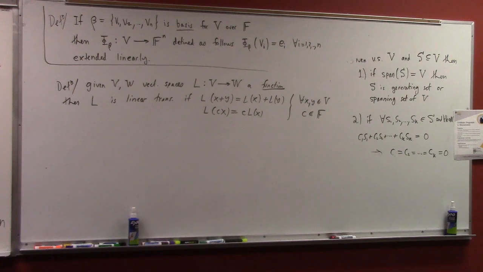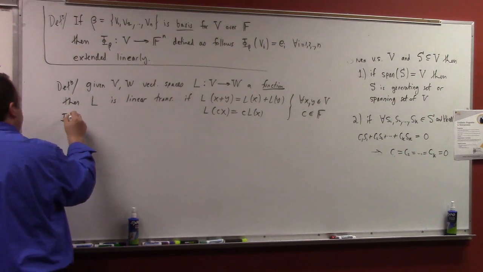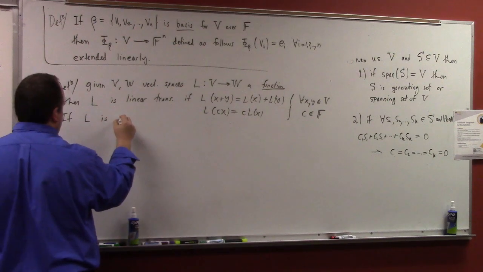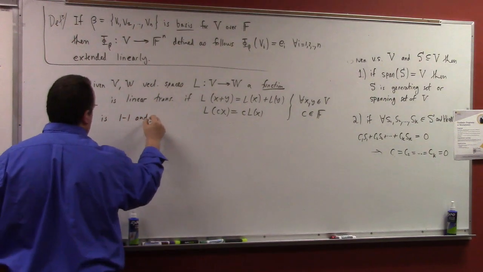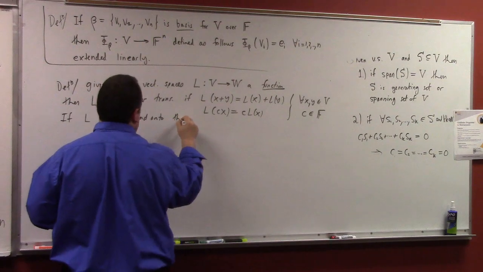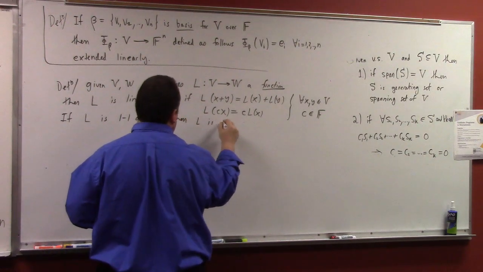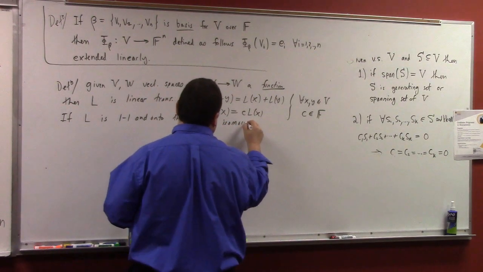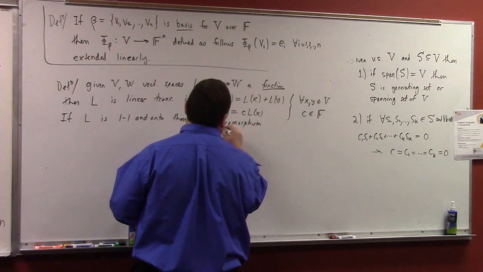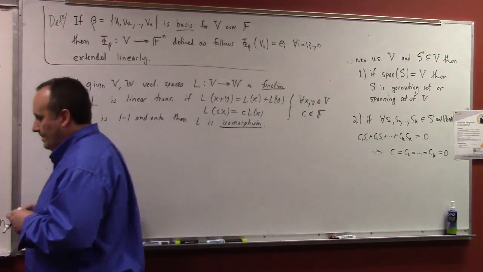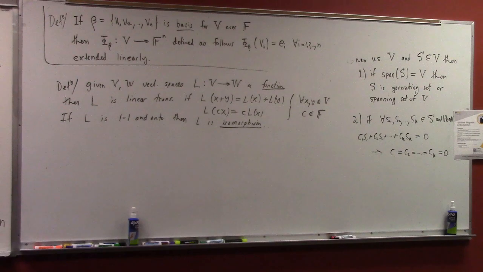Now, if in addition the linear transformation is a bijection, then we say that it's an isomorphism, right? So if L is one-to-one and onto, then L is an isomorphism. So many things to say here.